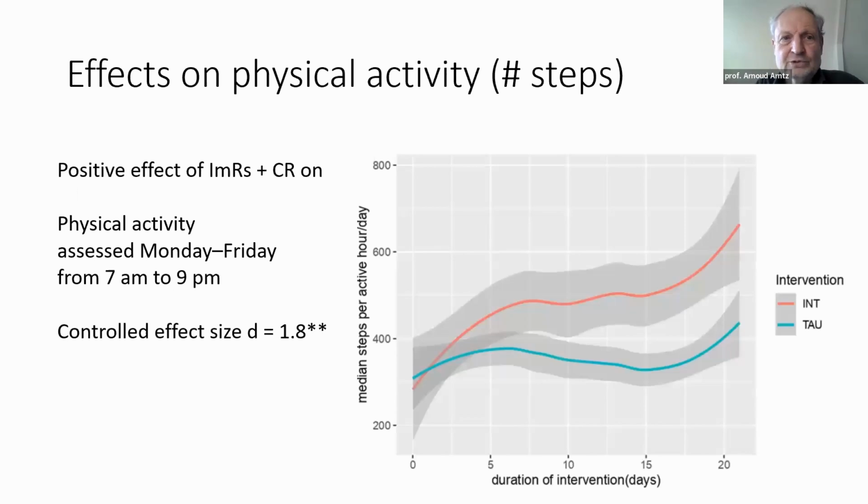And the same holds for another outcome measure, and this was very interesting, I think. This was physical activity during the inpatient stay. The number of steps people did per day, and it is a sort of index of whether the depression leads to inactivity, or whether, when you treat the depression, it leads to an improvement in physical activity.